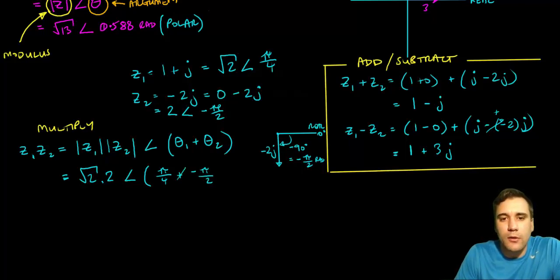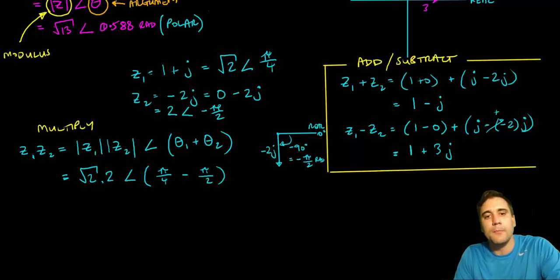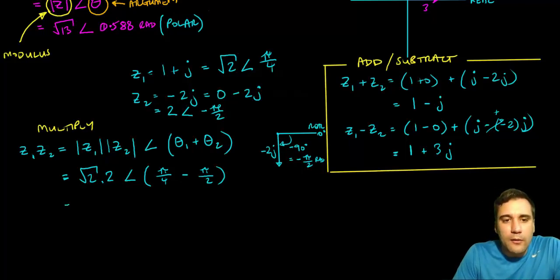So really plus minus is just the same as minus, so let's just put a minus sign in there, and we're nearly there. So we'll put the 2 out front: 2 root 2 at an angle of pi on 4 minus pi on 2.